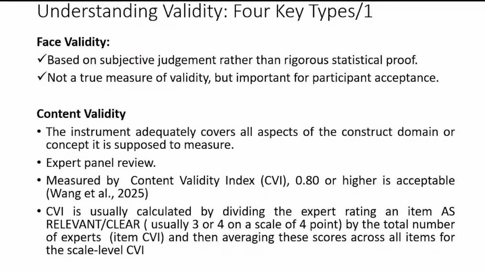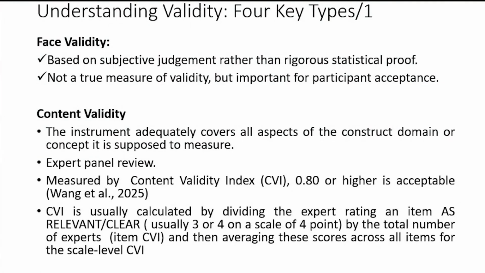So each of the items, like question 1 of my questionnaire, one of the experts may rate it, let's say, 2 out of 4, another may rate it 3 out of 4, another may rate it 4 out of 4. So all you need to do is what?